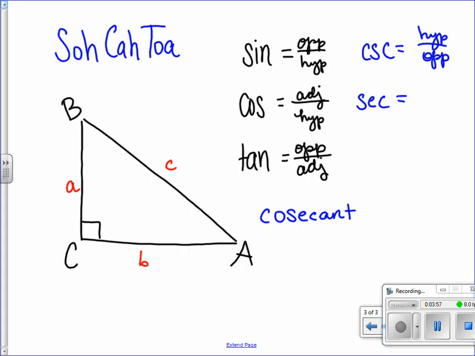Guess what it is? Alright, and then there's cotangent, which is adjacent over opposite.